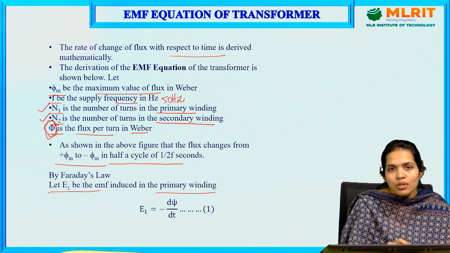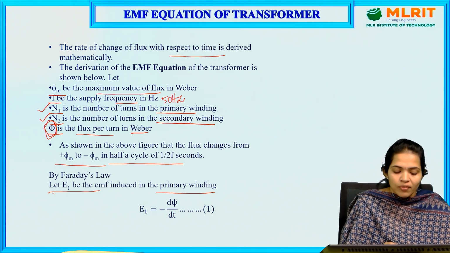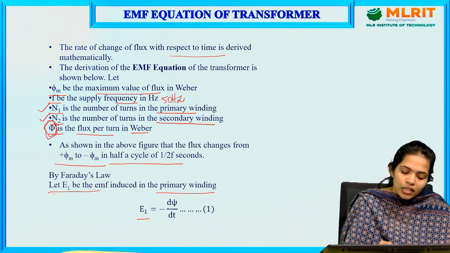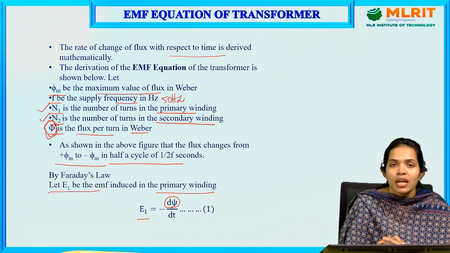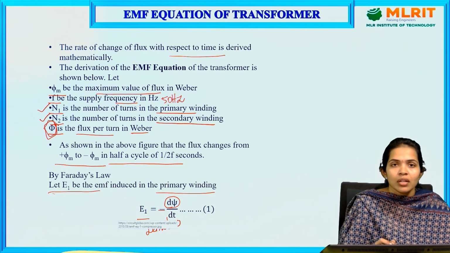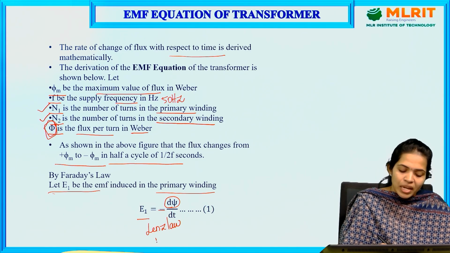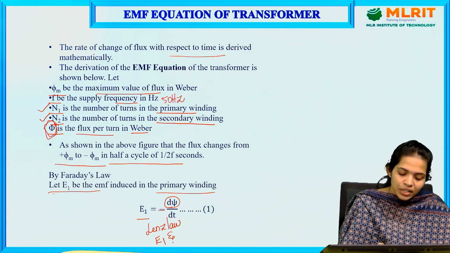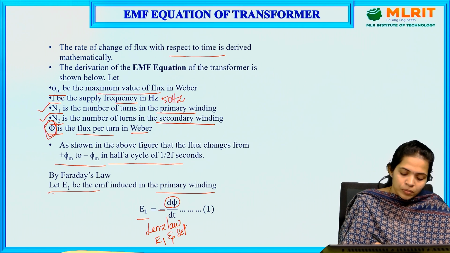According to Faraday's laws of electromagnetic induction, we can say that the EMF induced is directly proportional to the rate of change of flux linkages in any conducting coil. So this negative sign is due to Lenz's law, which is happening between the main flux mutually induced EMF E1 and the self-induced EMF in the primary winding in respective windings.